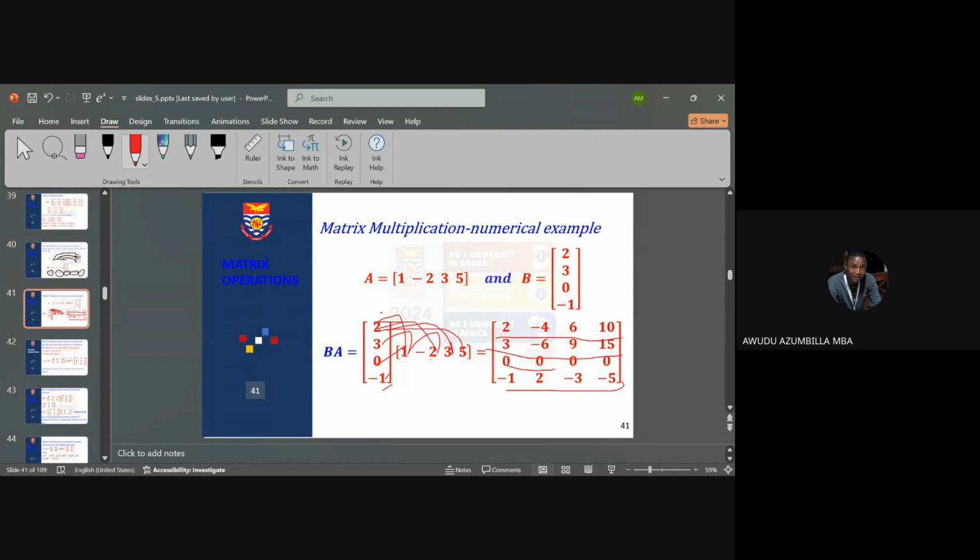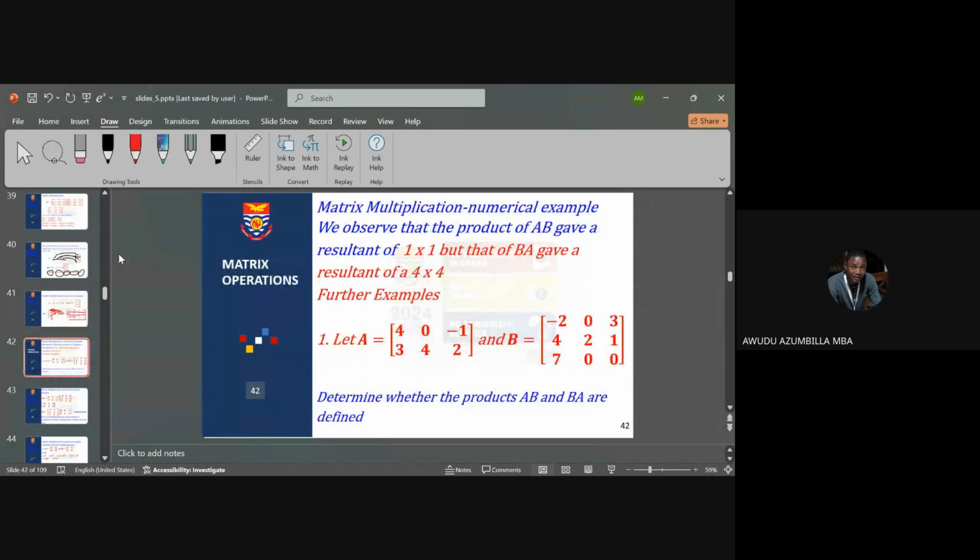But meanwhile, we have 4 rows and 1 column. Under the 4 rows, we can see 1 column and 1 row there. That is why we are able to multiply. So 2 multiplied by 1 is 2, and 2 multiplied by 2 is going to be 4. So that is how the rule works as well.